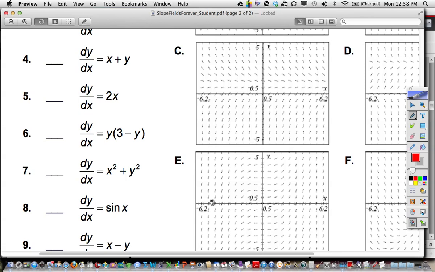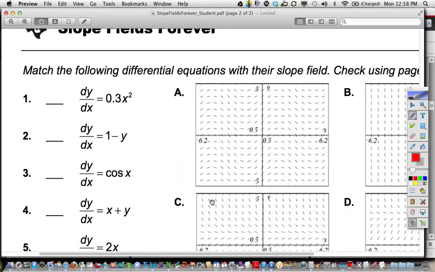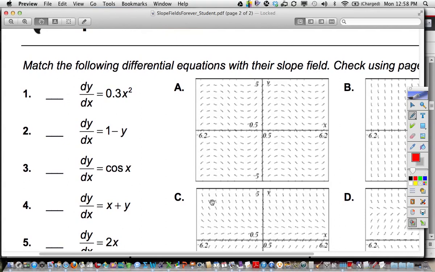But see, it's still an approximation because when I have my initial condition and then I just kind of go with the flow, that's not very exact. I don't know exactly where those points are going through, but I can get a pretty good idea. I can get it fairly close. All right, so now the next question that we're going to talk about is going to be this. How can I match a slope field with its correct differential equation?